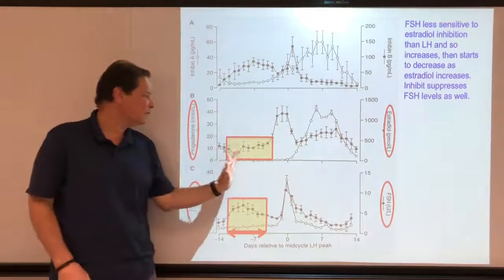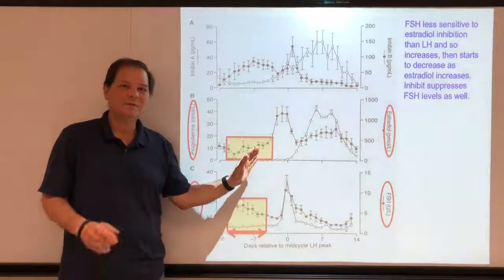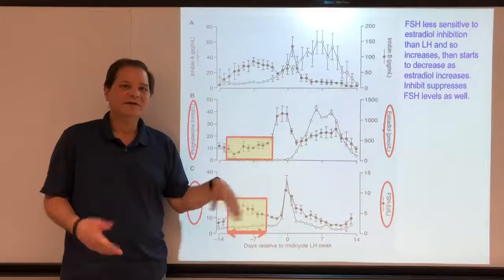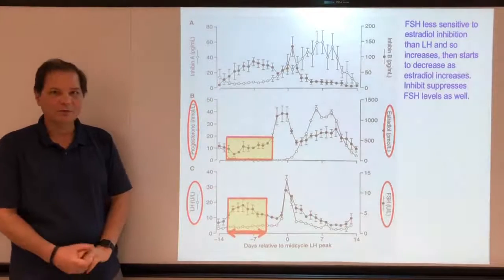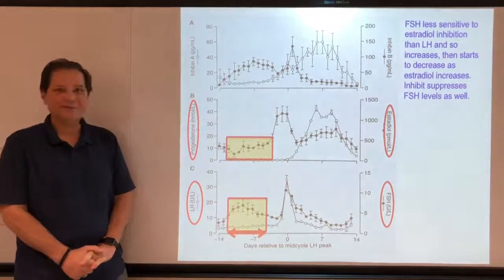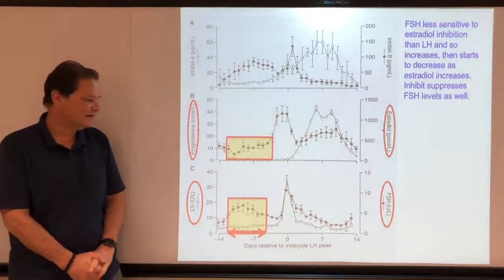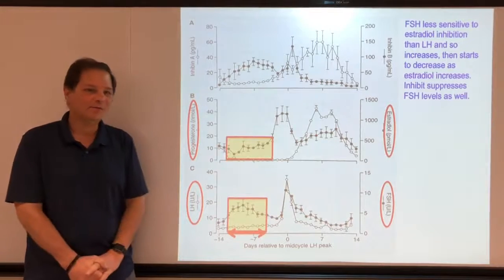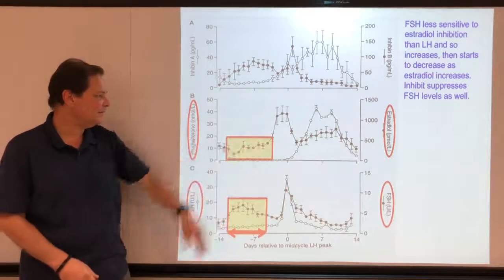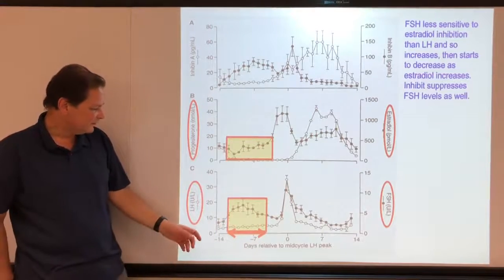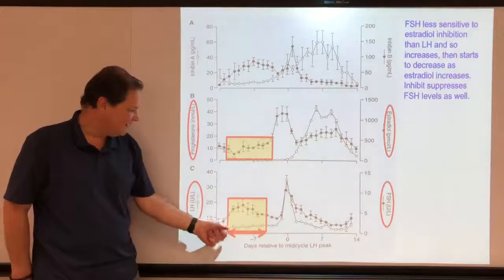So you're increasing your potential to release estrogen here, but it's under negative feedback control really from itself. It's feeding back on the hypothalamus and the pituitary, and that's keeping the gonadotropin levels under control, and that's keeping the estrogen secretion suppressed.